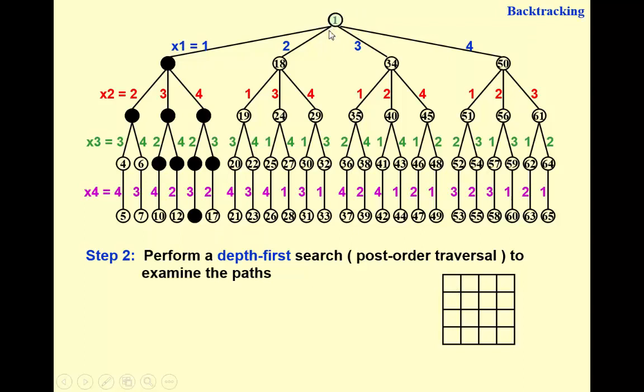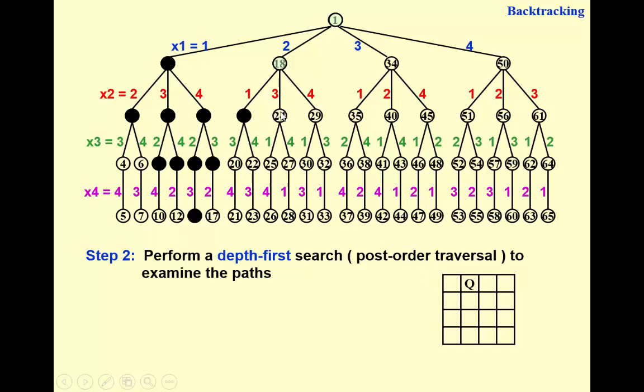Alright, let's start all over again. Let's try to move along the second branch, which means to place the first queen in the second column. And this node is alive, so we move on. Continue to place the second queen in the first column. It doesn't work. So cut, undo.